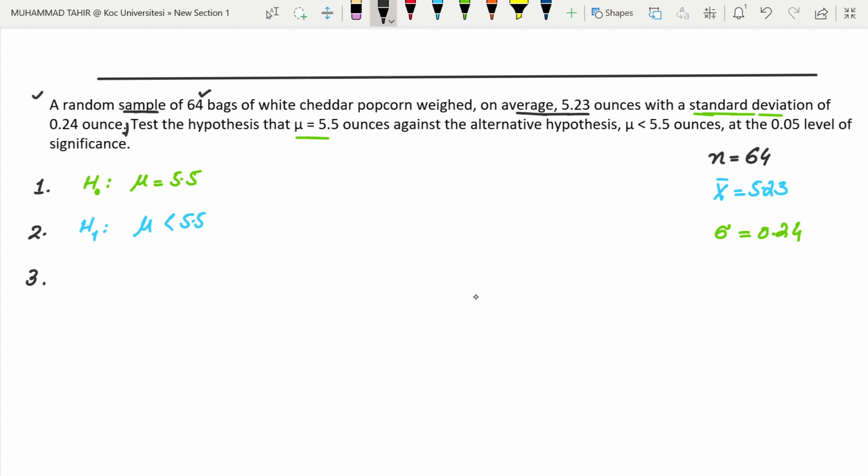Before going to the third step, let's plot this Z distribution. So this is the left tail.